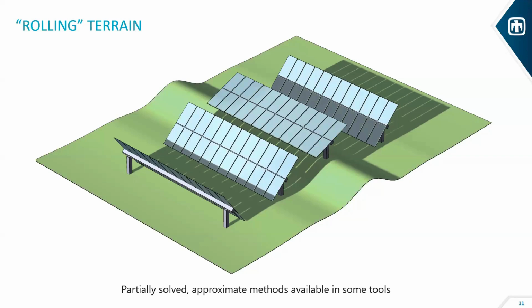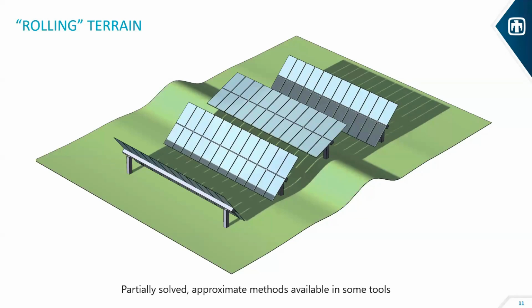Definitely not optimal. So something that we've been looking into is linear programming, which is a very efficient mathematical way of solving optimization problems. And it turns out that Kevin has found a really nice way to formulate this backtracking, shading, and rolling terrain problem in terms of linear programming. So we have a paper that's being worked on right now that is going to solve this.